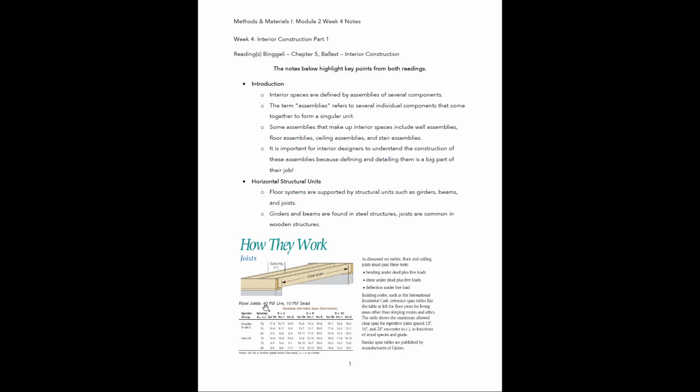So you'll see a term that they talk about a lot in framing is on center. So if you look here, spacing in and then OC, that stands for on center. So that's going to be, for example, if this was let's say 24 inches on center, they would measure from the midpoint of this joist to the midpoint of this joist, and that dimension would be 24 inches, and then they would just keep going. All right.